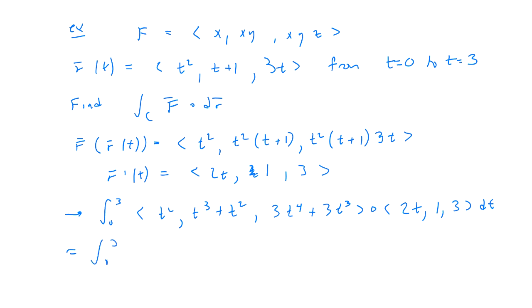And then just do the usual dot product, so the 2t and the t squared, and you're going to double check me here to make sure I'm getting the same thing. So t cubed, the dot product of 1 with the second one, and then the dot product of 3 with the third one.